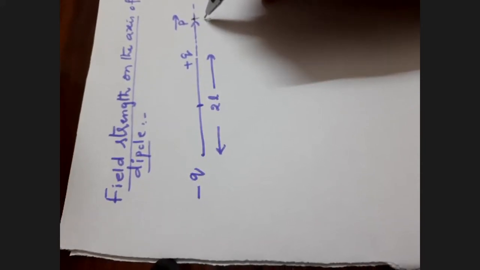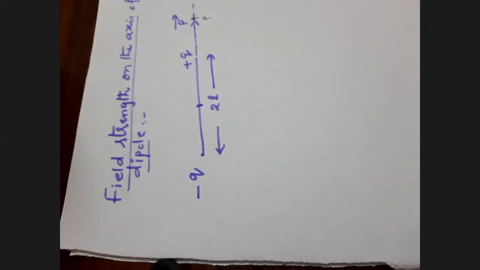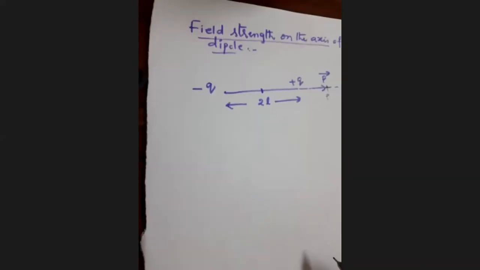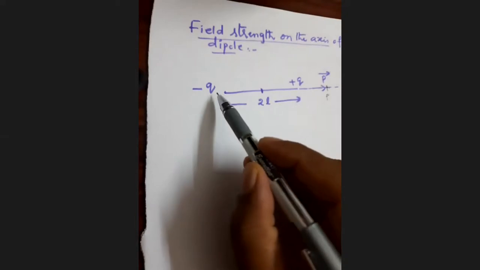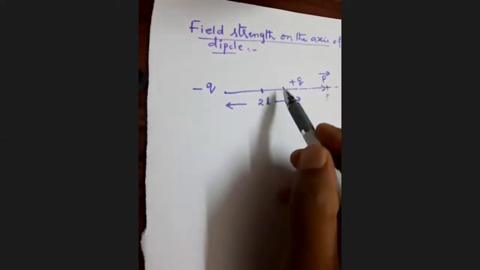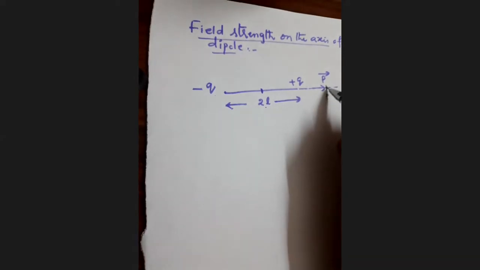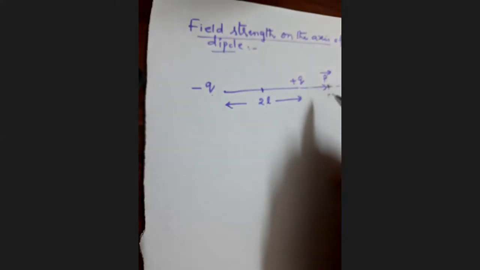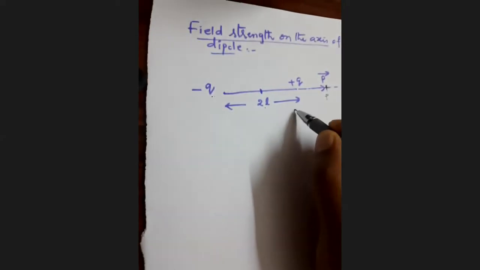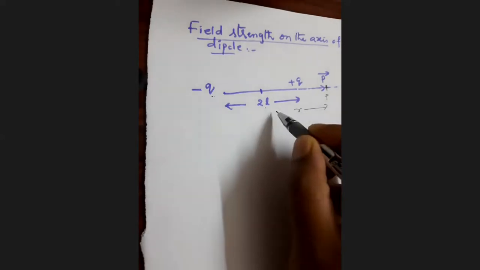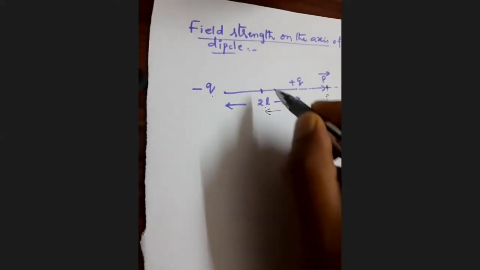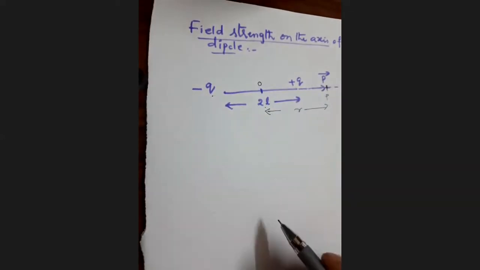Okay, this is the point P. Now I have to calculate the electric field strength at this point, right? So the distance of this point from the center of the dipole, say this is r. This is the center of the dipole, O.